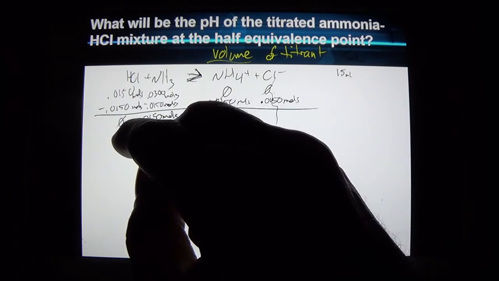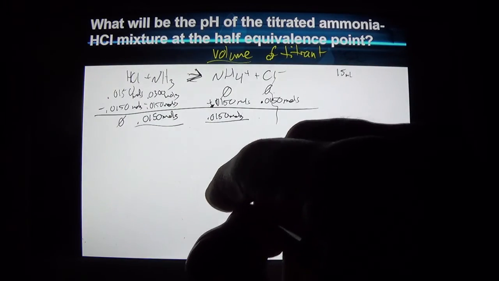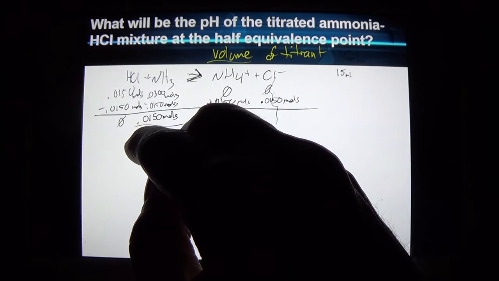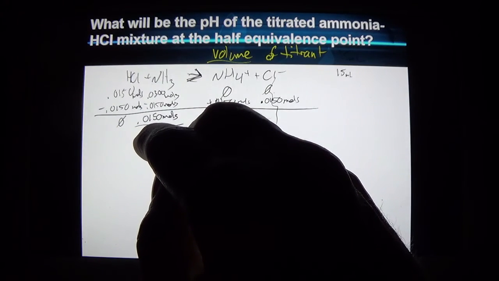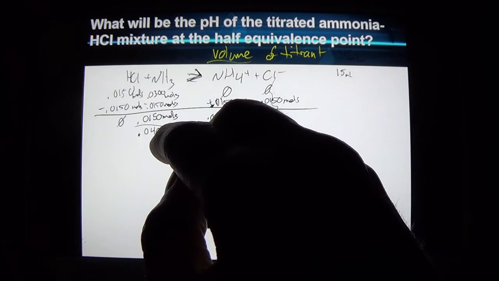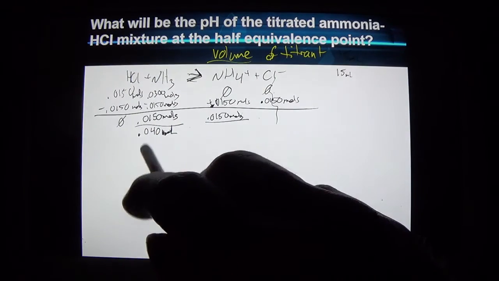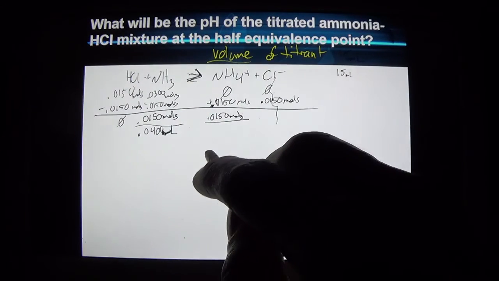These I care about. Now that's moles, and now I want to account for the dilution. So I'm going to divide by the total, and be careful: the total volume is half of what I've added previously. The total volume is 0.040 liters.